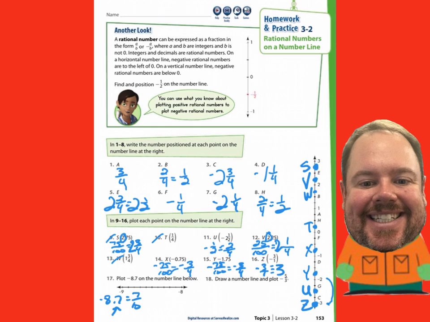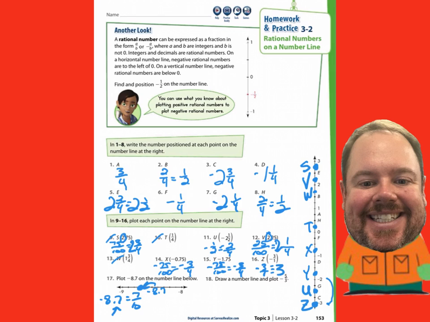So I'm going to go down 1, 2, 3, 4, 5. That's a half. 6, 7. So I'm going to plot that point, and that will be negative 8 7/10.